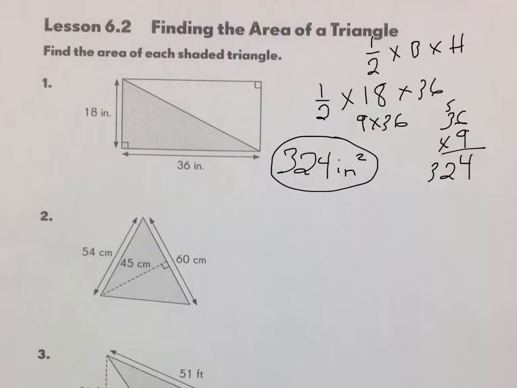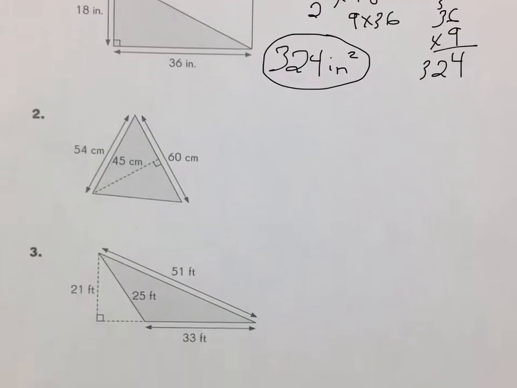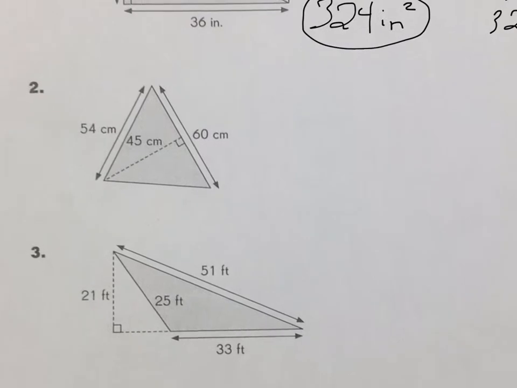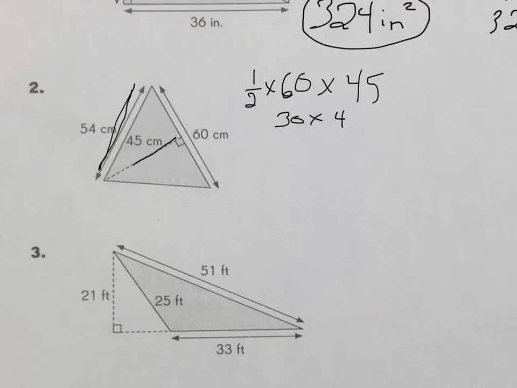All right, let's go to the next one, number 2. I see my base is 60. 1/2 times 60 times. Now my height, the height is not this one. The height is where it's perpendicular. So it's 45. All right, so I'm going to do 60 times 1/2 is 30 times 45.